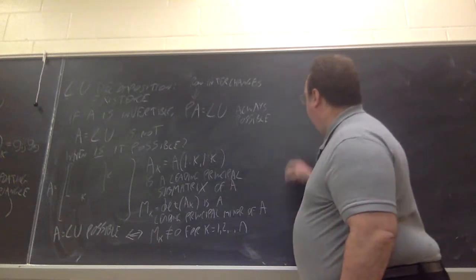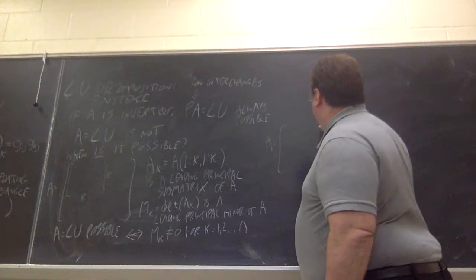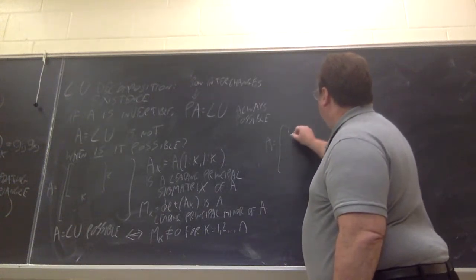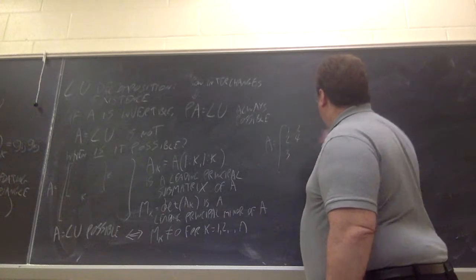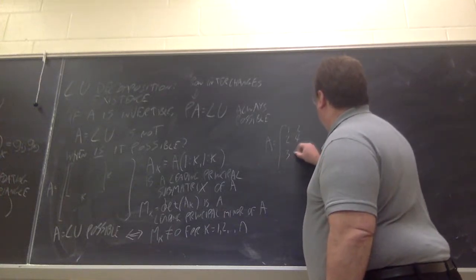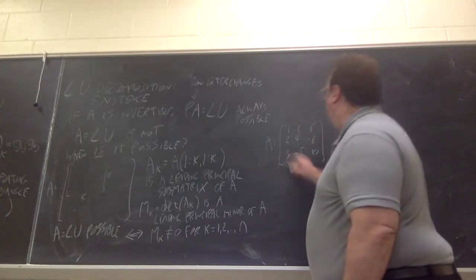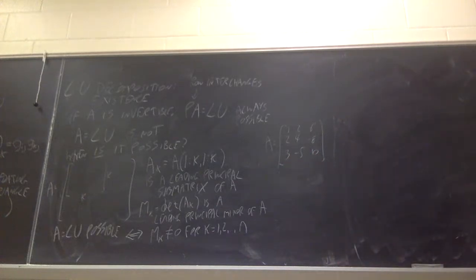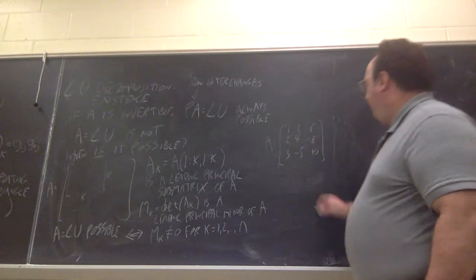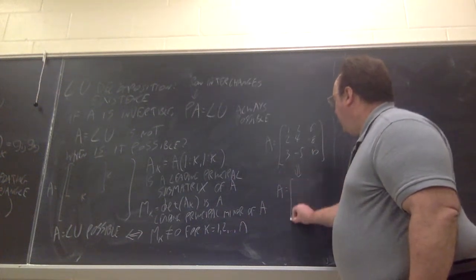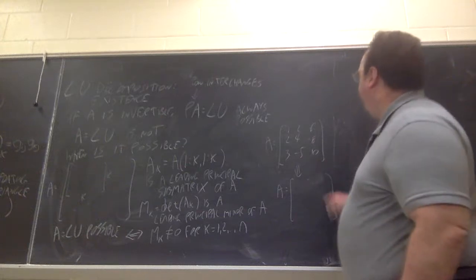Let's see. Another example, more interesting, would be this. So here's a matrix where the 1-1 entry is non-zero. But let's suppose I perform Gaussian elimination, and I eliminate entries in the first column.